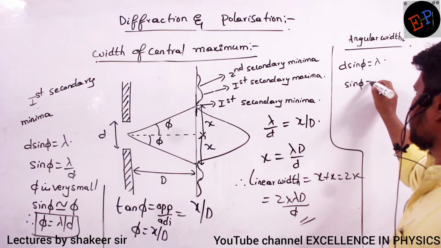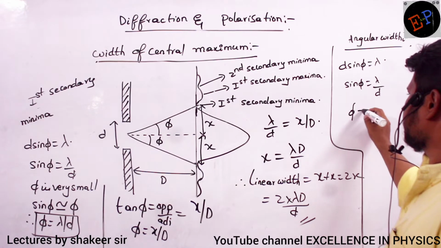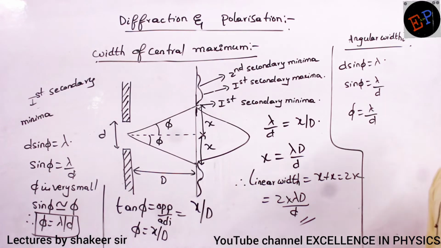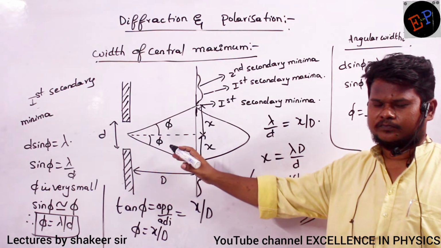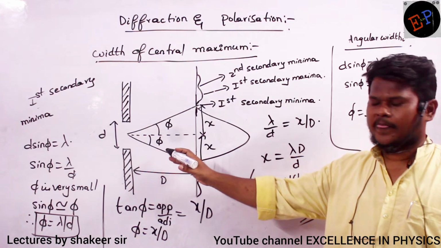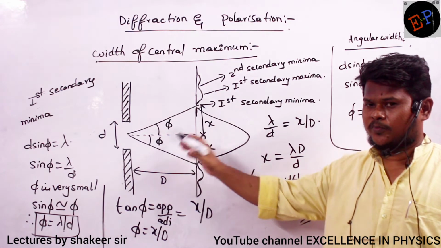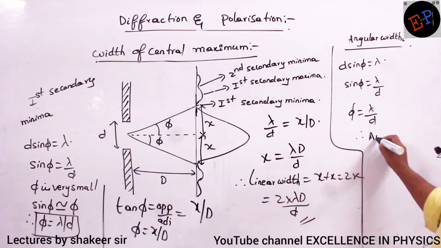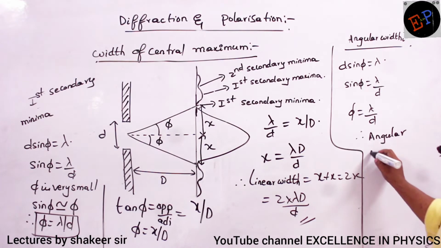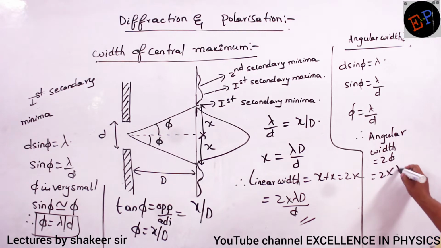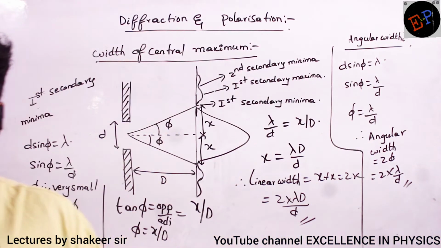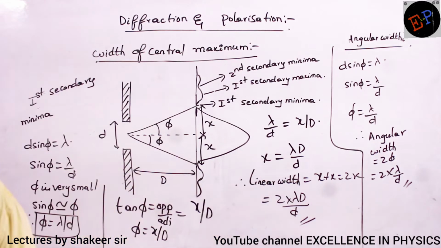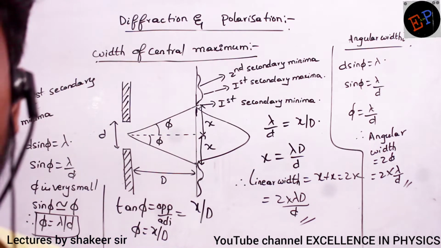So sin phi is equal to lambda by d. Diffraction experiment.